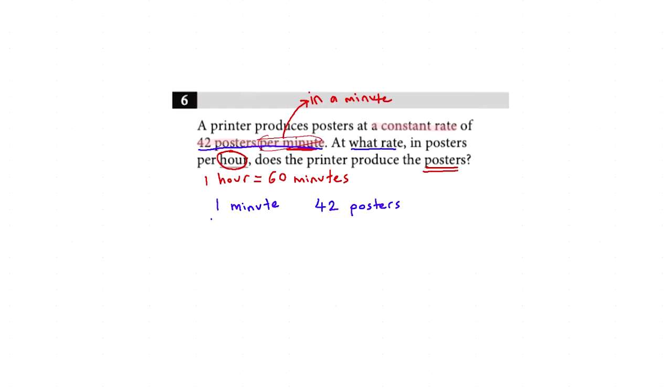In an hour, how many posters does the printer produce? In an hour, as you see here, it is 60 minutes. Orders matter, like minute over minute, posters over posters. In 60 minutes, how many posters, I'm going to put a question mark here, can this printer produce?